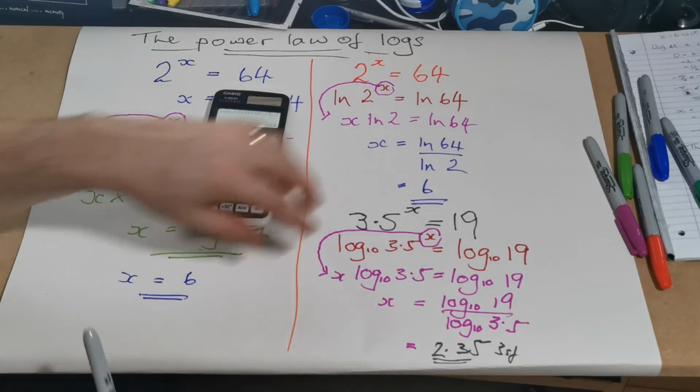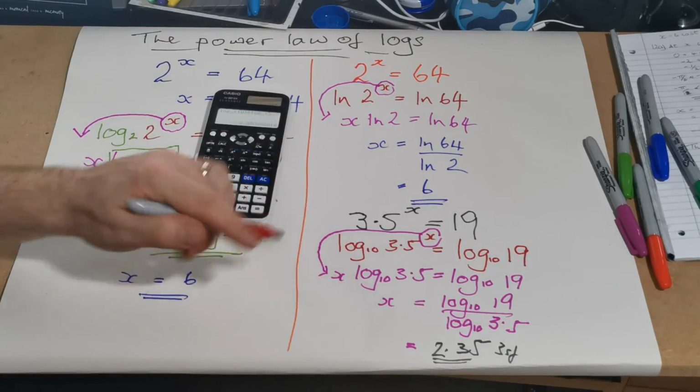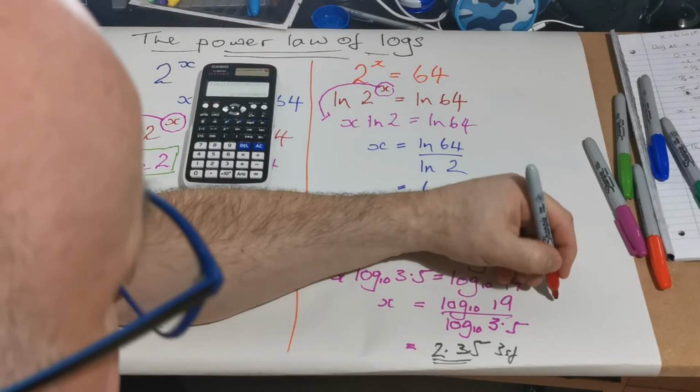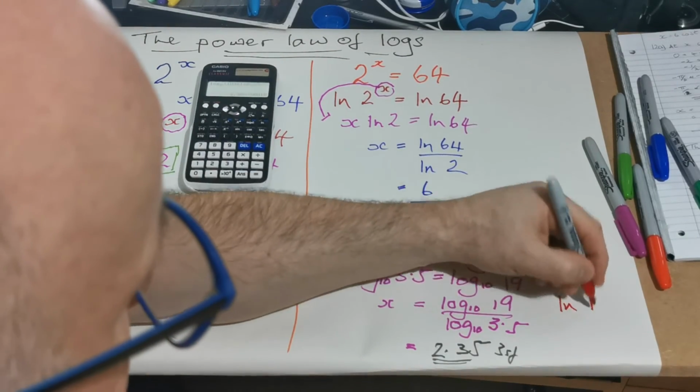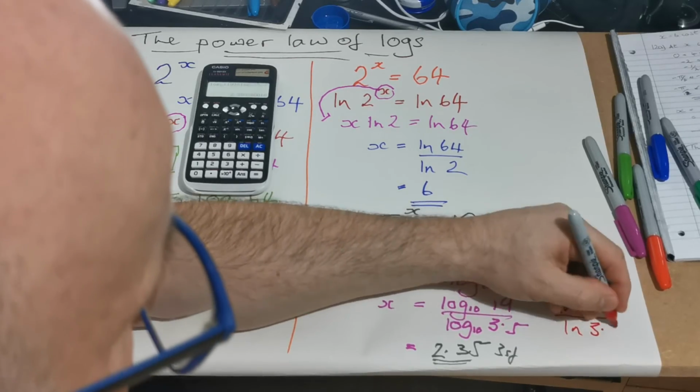I just want you to check if instead of using log to the base 10, I'd use log to the base e. So that would be ln 19 over ln 3.5.